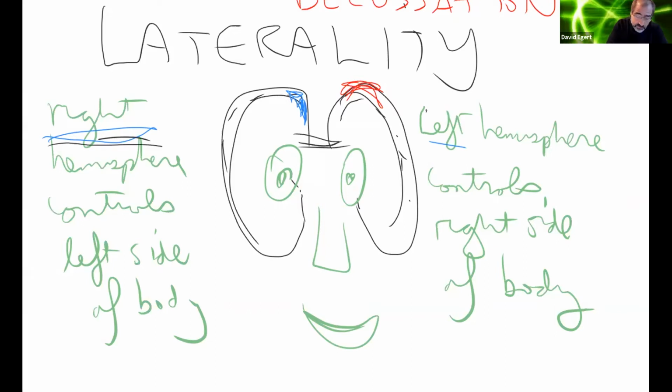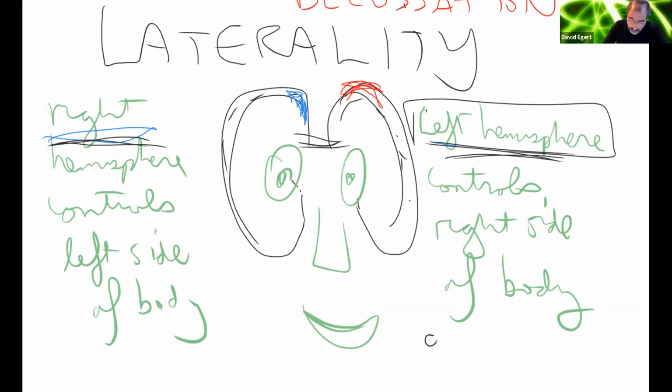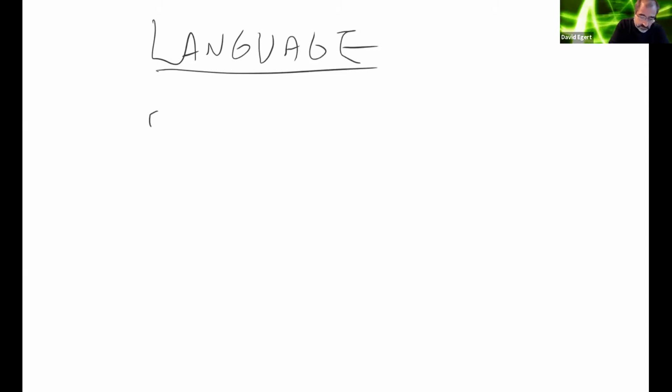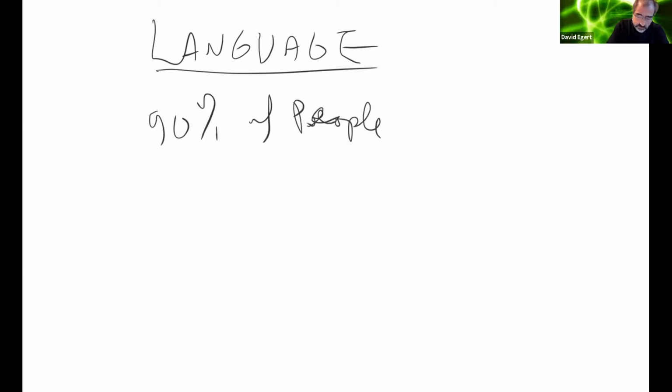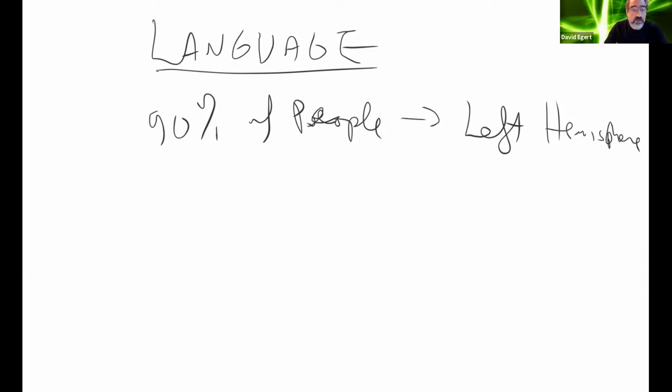There are also some differences in basic function. For most people, for about 90%, let's talk about language. For 90% of people, it's on the left side. So this is another thing of laterality, where something is on one side versus the other.